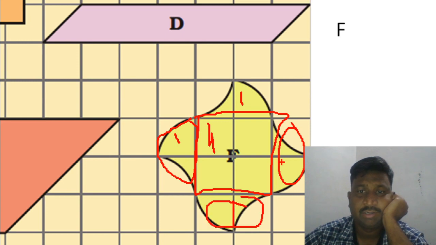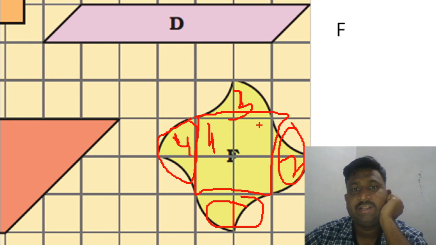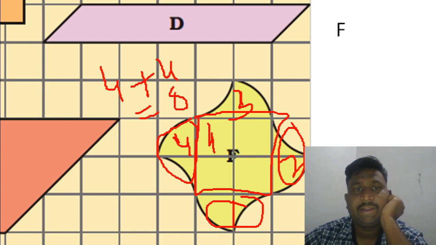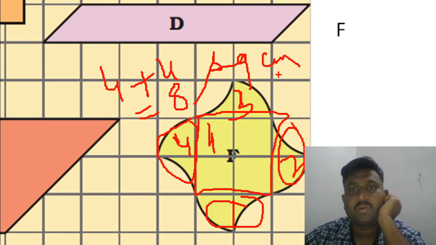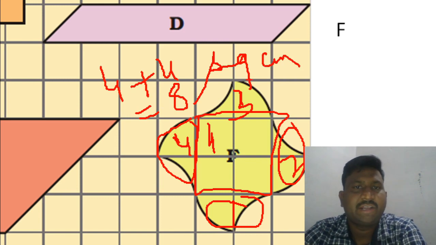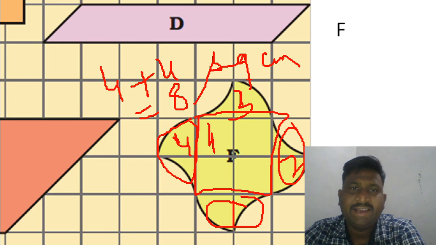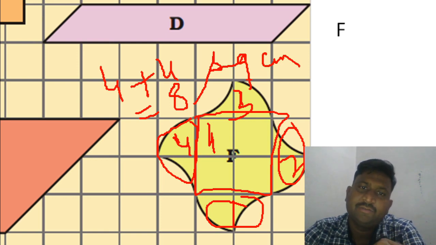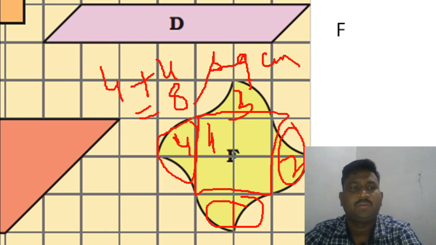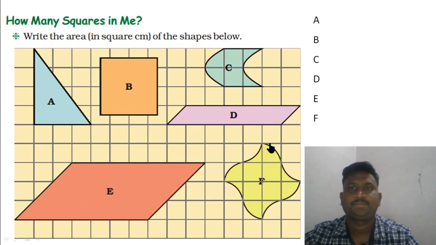So 1, 2, 3, 4, and these are 4 complete. So 4 plus 4 is equal to 8 square centimeter. Okay, so in this way we can calculate the area of any shape by just counting 1 centimeter squares. So we have done like this.